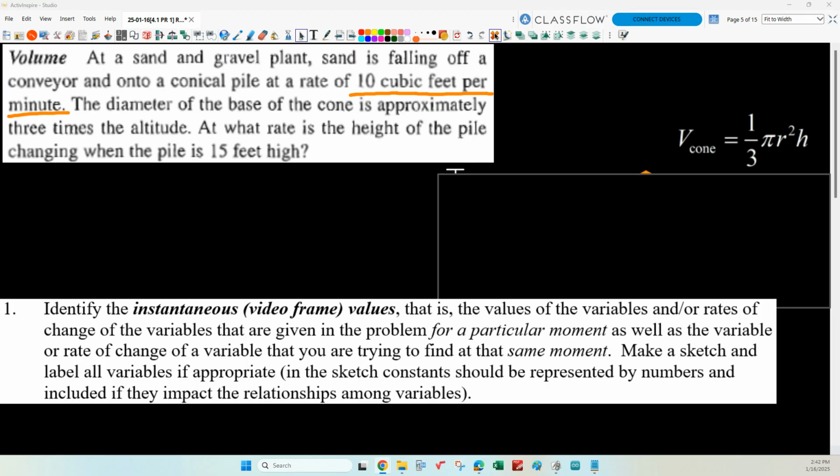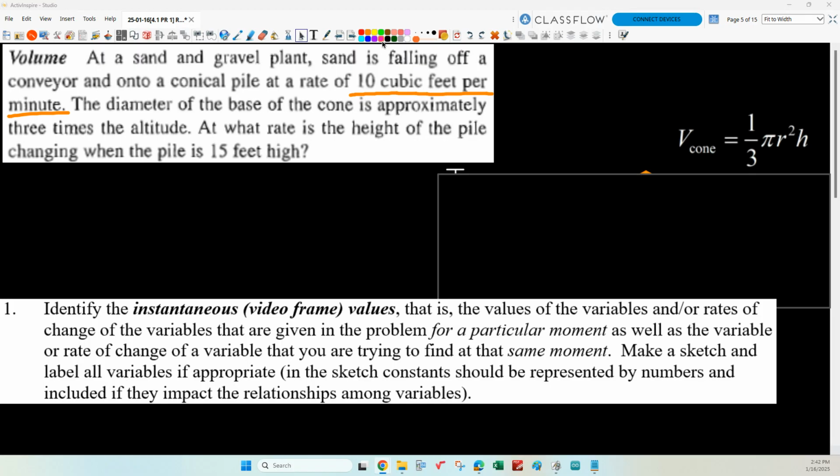Do you see that concept, right? Do I have some information that allows me to do that? It says that the diameter is 3 times the altitude and the radius is just half the diameter. That's it, exactly. That's what gives us the extra information that allows us to make this problem much simpler.